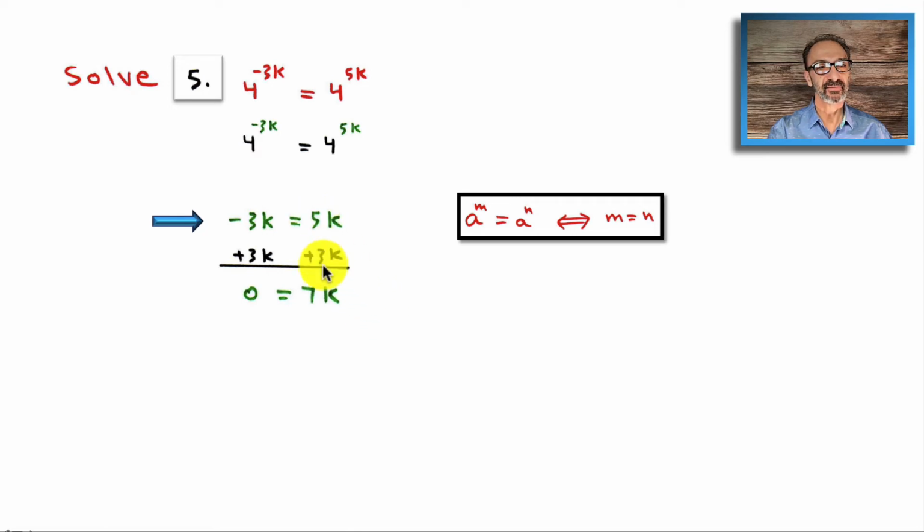Actually 5 and 3 is 8, not 7. My mistake. But the answer is 0, which is 0 over 7, or 0 over 8 is 0. Sorry, I don't want to go back and rewrite my notes just for that, or stop the video.